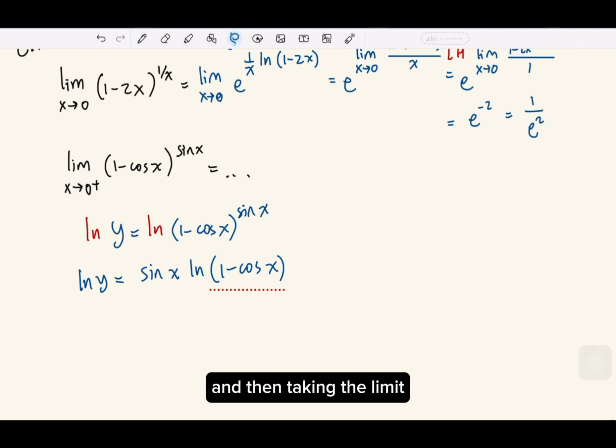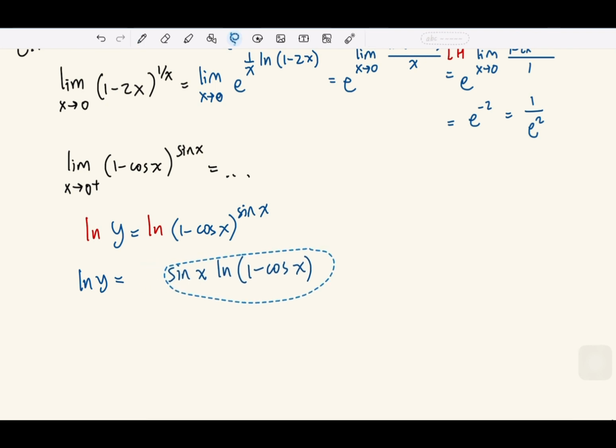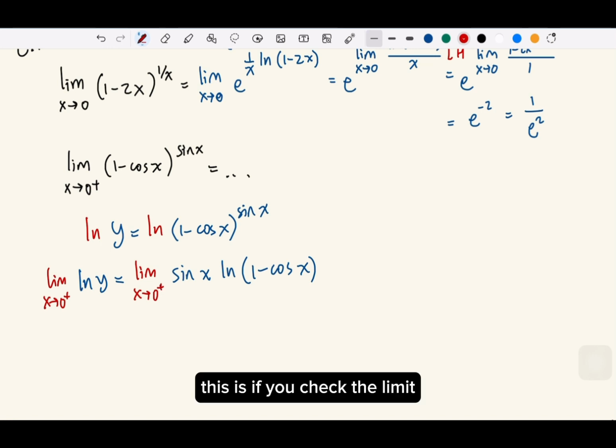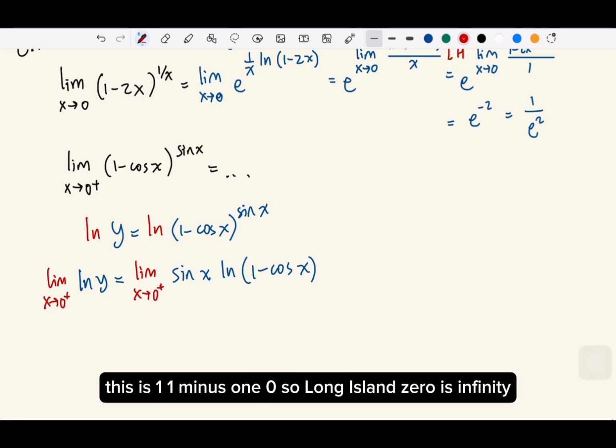And then taking the limit, if we check the limit, this is 0, this is 1 minus 1, 0. So ln 0 is infinity.